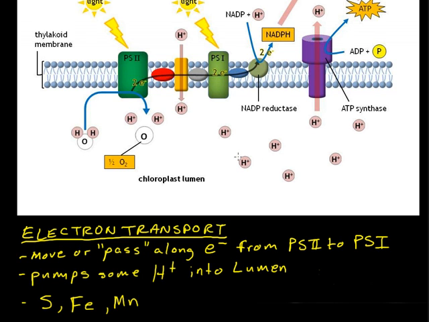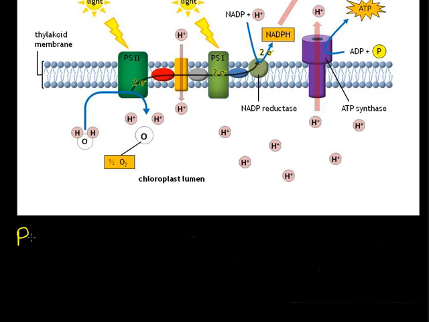So that's electron transport. Next in line is photosystem 1. Photosystem 1, like photosystem 2, is just a group of pigments, in the heart of which is one very special pigment called P700. P680 was the special pigment in photosystem 2.